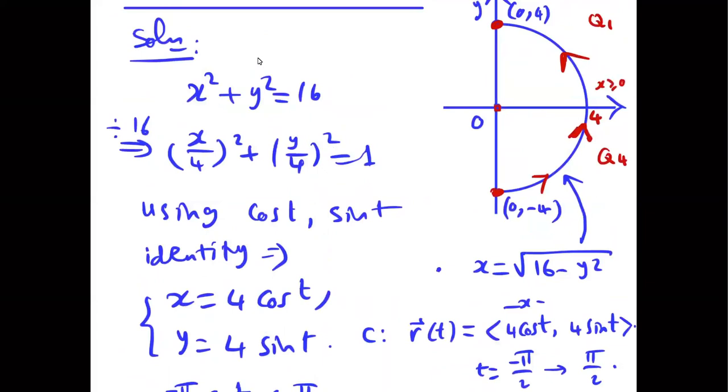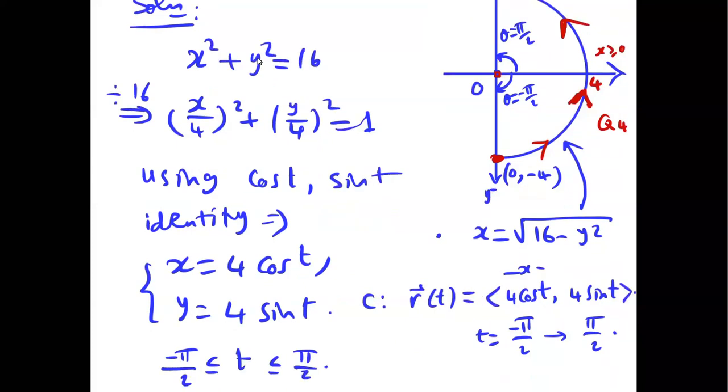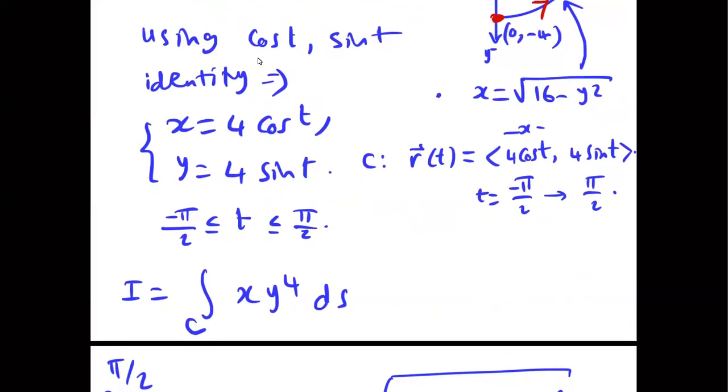Down there, on the negative part of the y-axis, the angle is theta equals negative pi over 2. Up there, the angle is theta equals pi over 2. So to take the domain from the negative part of the y-axis up to the positive part, we go from t equals negative pi over 2 up to pi over 2.